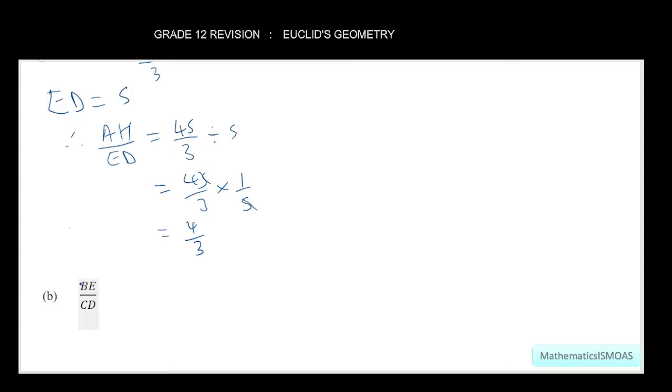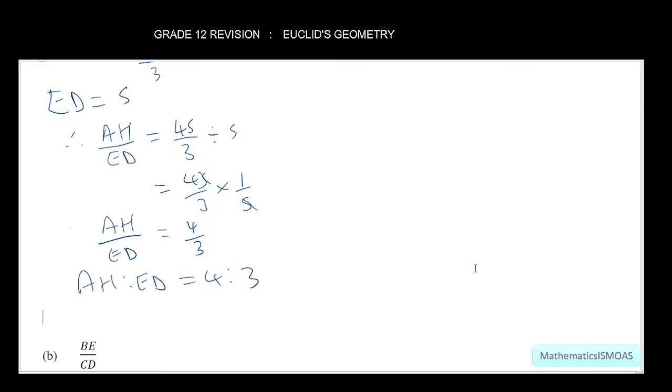Therefore the ratio AH to ED, still as a fraction, is 4 over 3. Then as a ratio, AH to ED will be 4 to 3. That is our ratio: AH to ED is 4 is to 3.